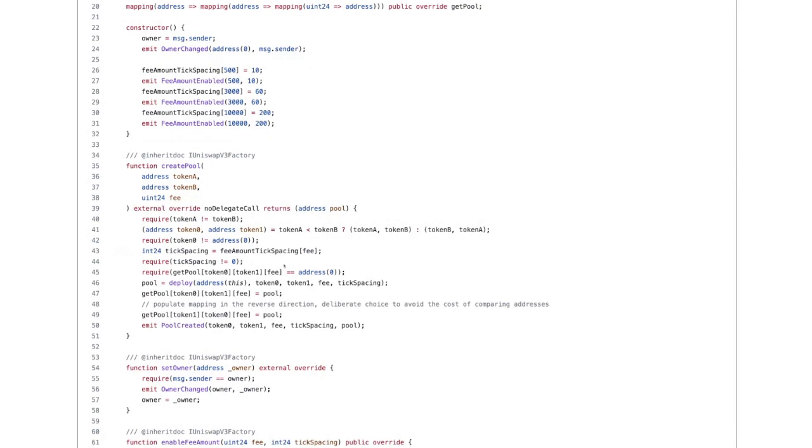Okay. I'm surprised, can you say require equals this or this or this? I think you could. So in this require, you could say fee equals exactly 500 or 3,000 or 10,000.